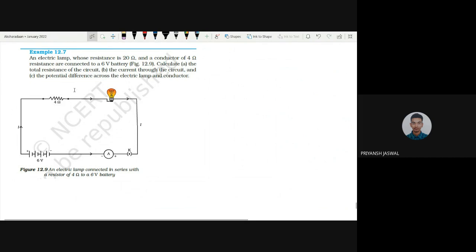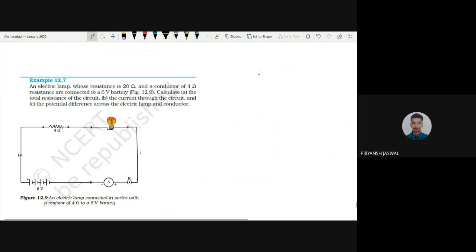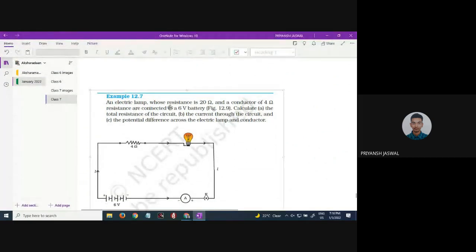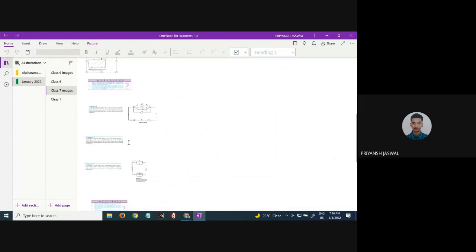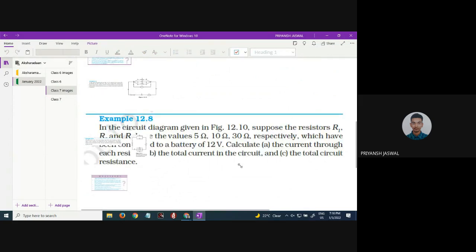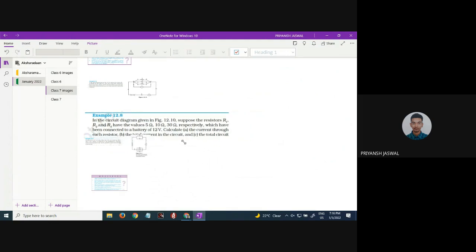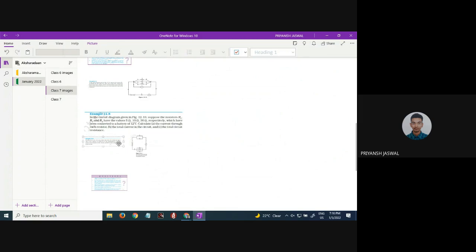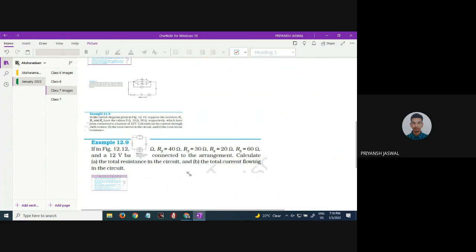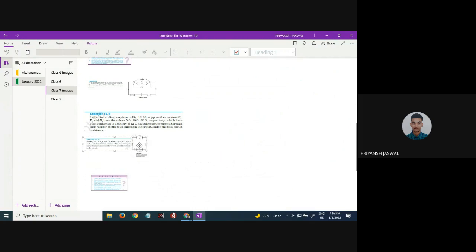In this one only series combination is there, the parallel is not there. It's not a good example actually. Let me see some other questions. Yeah, this one is good enough.